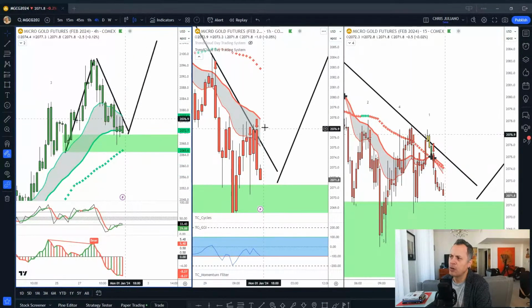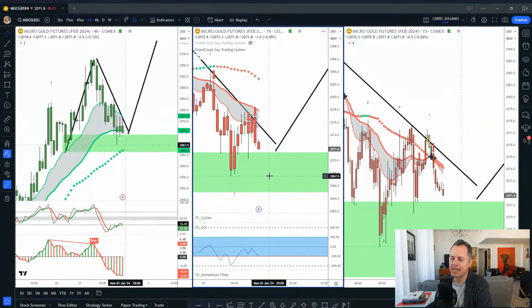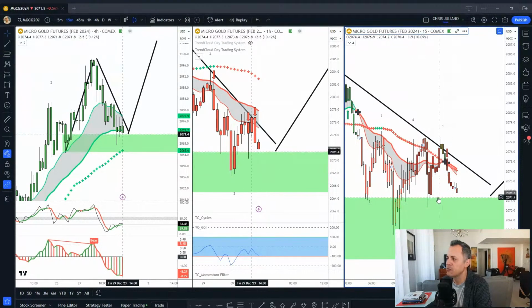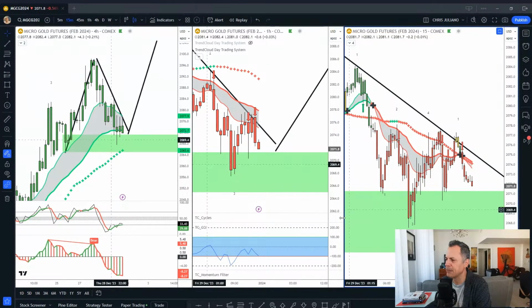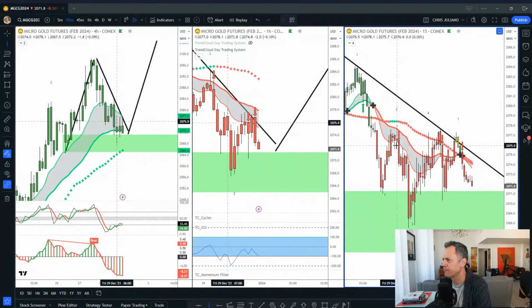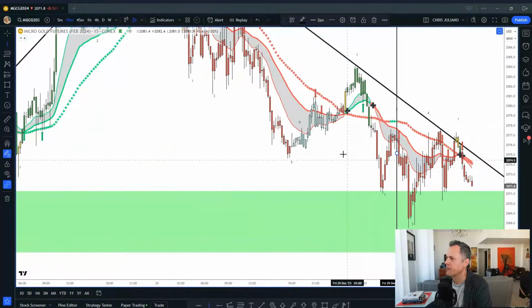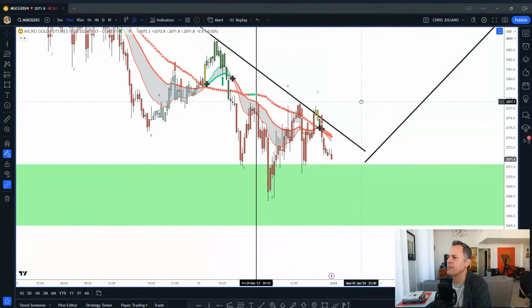So do we want to go short right now into demand, right into the demand? Well, you could, but you would want to use this zone as a target. So if we look back, 7:30 in the morning on Friday, December 29th, let's put a line there. What happened here?